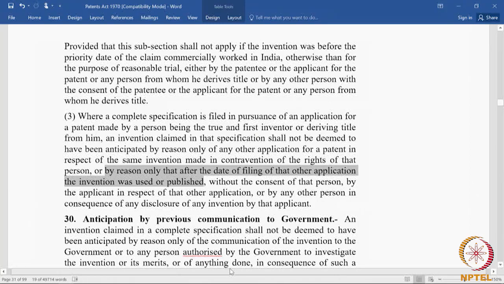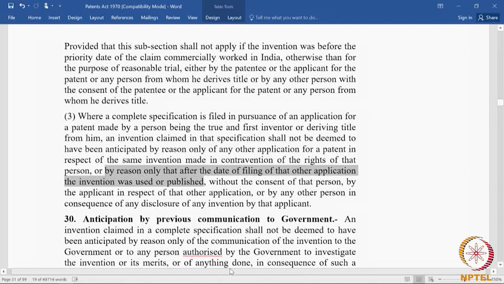So, the first scenario says that if application A is filed in contravention of the rights of an applicant B who files application B, then the earlier filing will not anticipate the later filing. Simple reason, it was done in contravention of the rights.